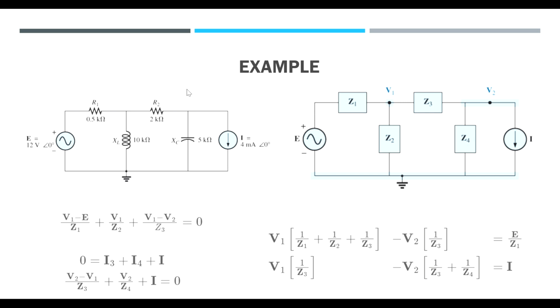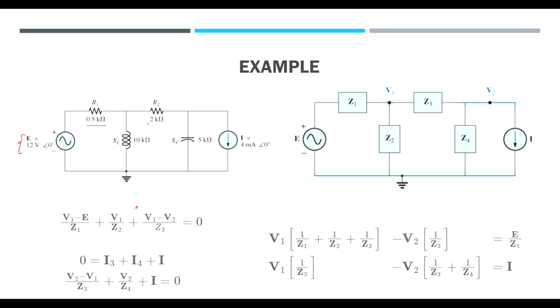So let's start by looking at an example where we have a circuit where the source is a voltage source that has 12 volts with zero phase offset. There's a resistor with 500 ohms, or 0.5 kilo ohms.